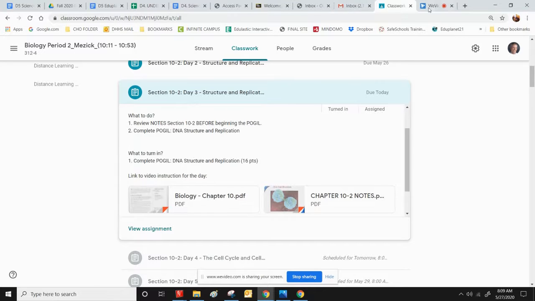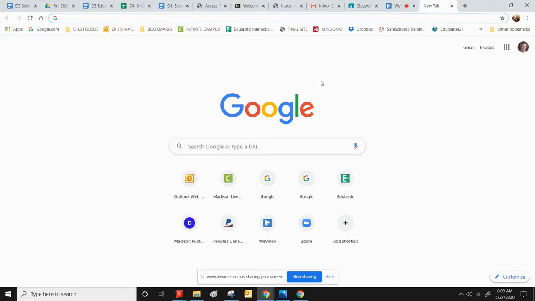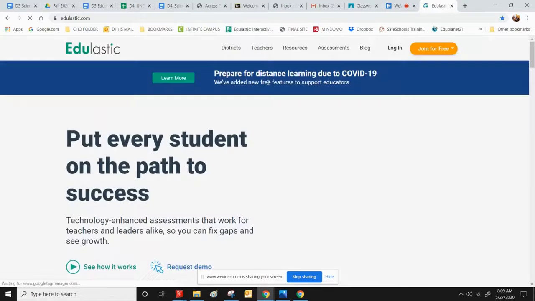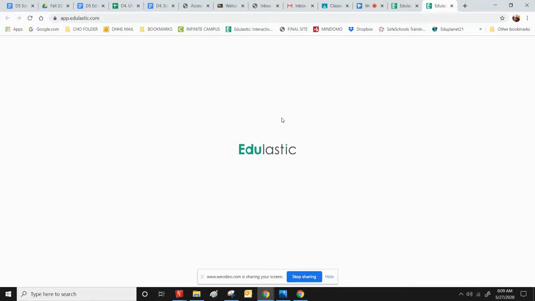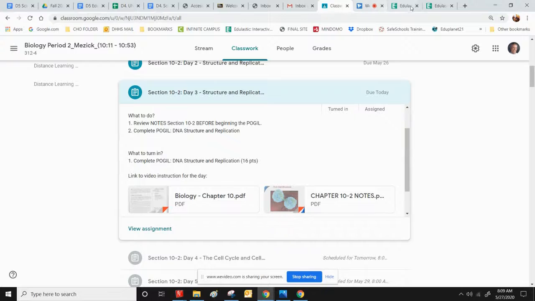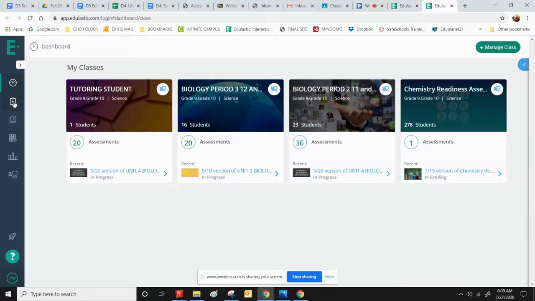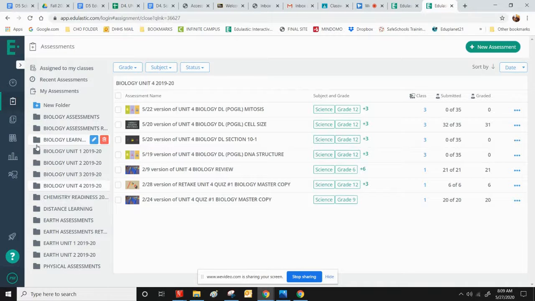Let me take a look. So let's just double check. And that is DNA structure and replication. DNA structure and replication, yes. So I will just double check, make sure I put that link in there for everybody.